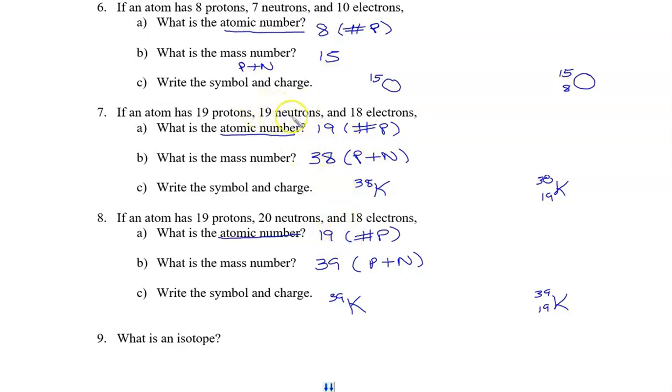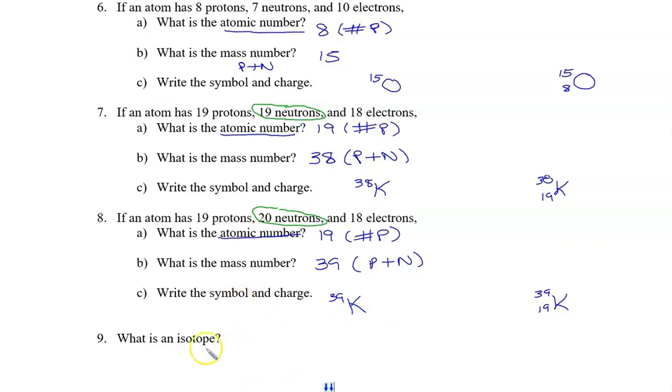Well, the difference here is the number of neutrons. So they have the same number of protons as each other, meaning they're the same element. Their neutrons are different. These are called isotopes of potassium. An isotope means it's the same element, but it has a different number of neutrons.